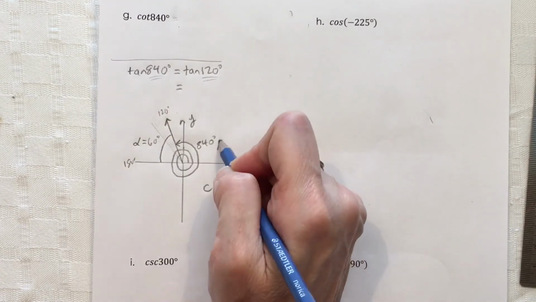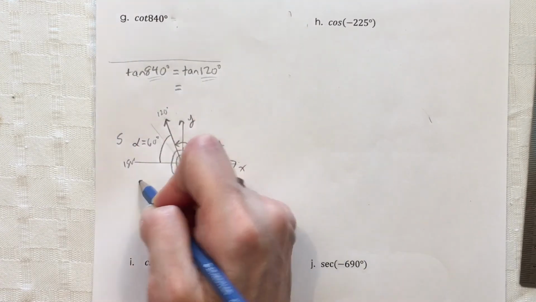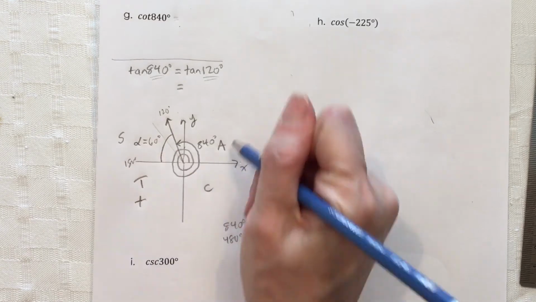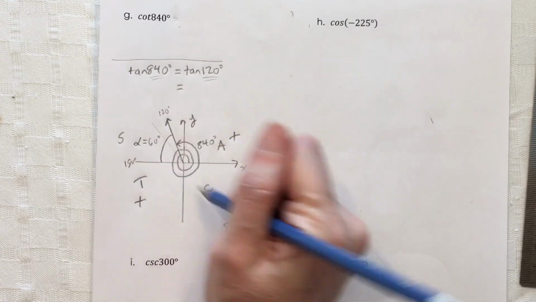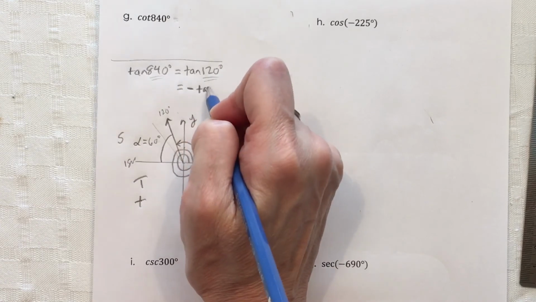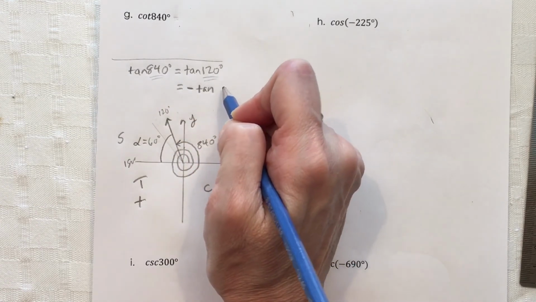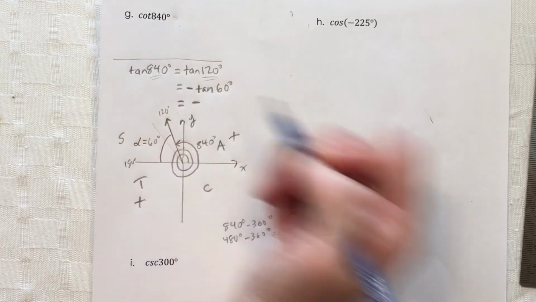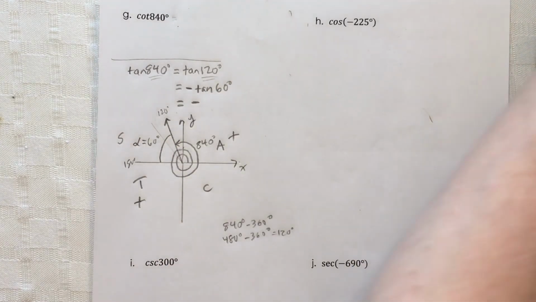Now let's use the CAST rule. The CAST rule says that tan is positive in the third quadrant and the first quadrant and negative in these two quadrants. So it's going to be negative tangent of 60 degrees. And then we can look up what was the tangent of 60 degrees.